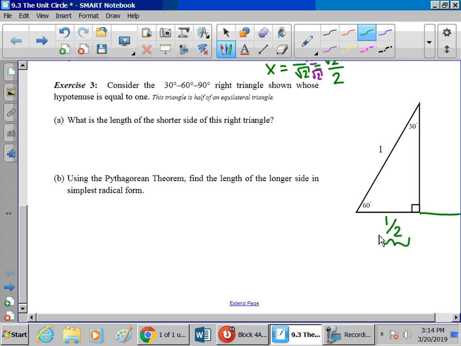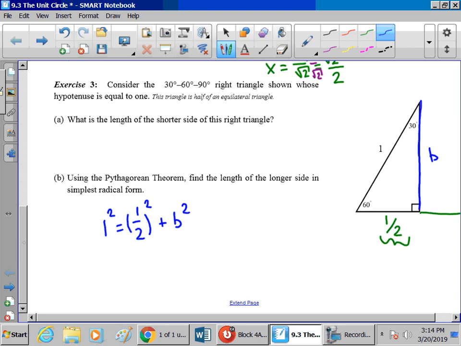And then we're going to have the Pythagorean theorem to find this other side, which we're going to call, I guess, b. So 1 squared equals a, which is 1/2 squared, plus b squared. All right, well, 1 squared is still 1. 1/2 squared is going to be a quarter.